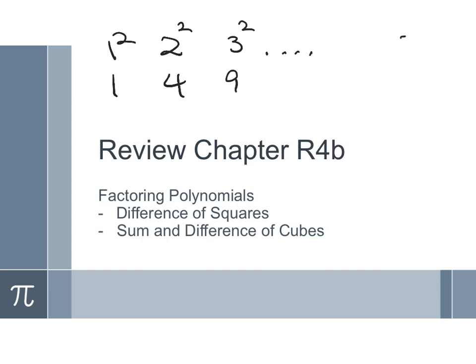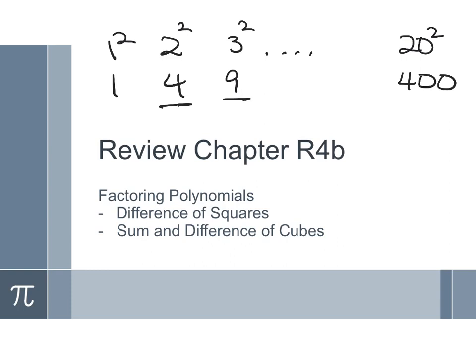And I would say up to 20 would be a good starting point because really 1 through 12 you should know. So that way when you see a problem that has a 4 and a 9 in it, you're going to know that potentially it's the difference of two perfect squares.